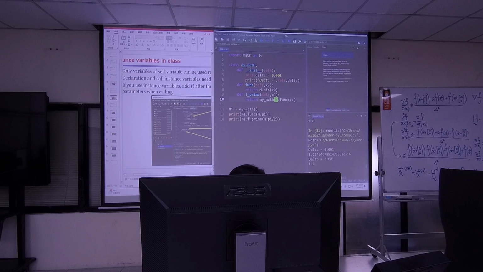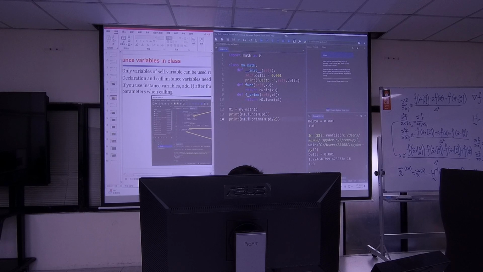So if I do this, you will see this delta line is shown twice, because over here I did it once, and over here I did it another time. So I guess it would be better if I use M1 here. Okay?